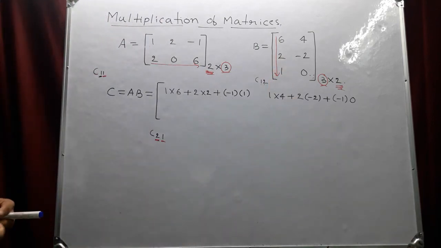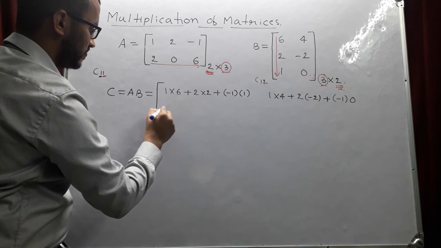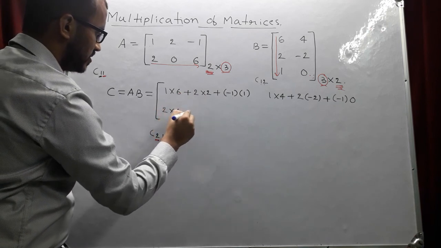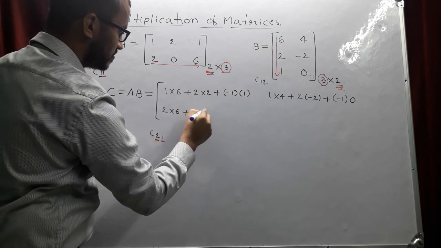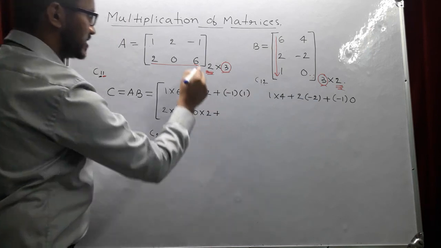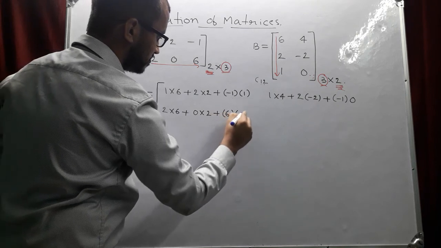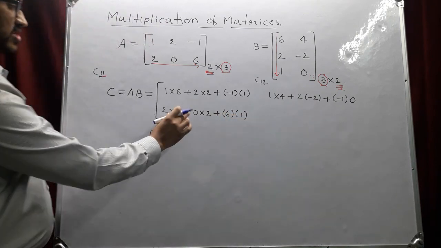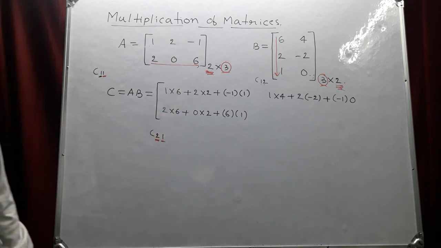Again, similar to the previous step, we multiply element wise, then take the sum. So 2 into 6 plus 0 into 2 plus 6 into 1. So we got the first element in the second row.